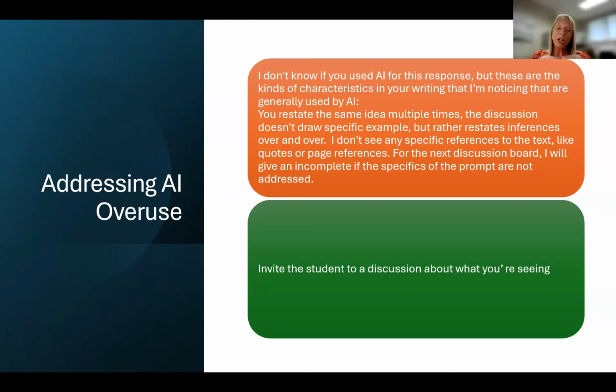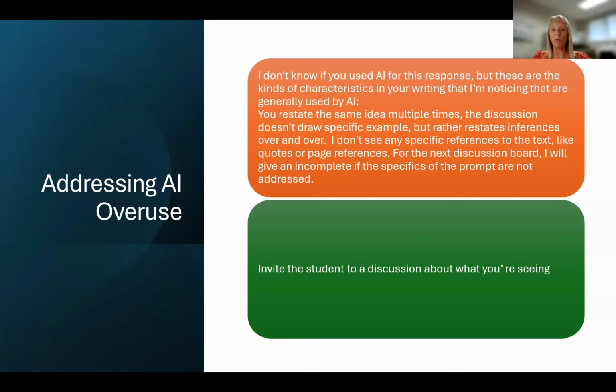There are no checkers that check for how much something has been relied on for AI. They're not yet accurate. So we can't say, I think you used AI here, but instead you can say something like, I don't know if you used it for this response, but here are the characteristics I'm seeing that are generally used by AI. You're sounding like a robot, and we don't want you to sound like a robot, especially in this day and age.